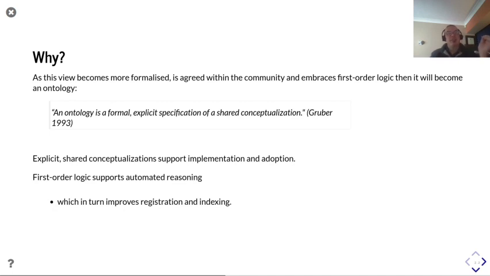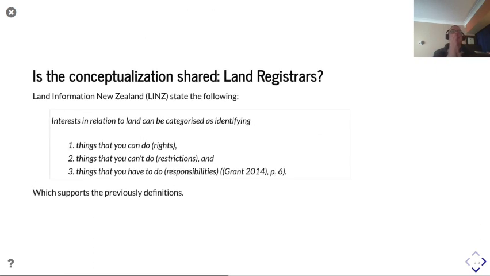So if it's explicit and a shared conceptualization, that supports implementation and adoption. It creates a language, a common language through which all parties can start to frame their conceptualizations of the world. And the first order logic element supports automated reasoning, which in turn improves registration and indexing.